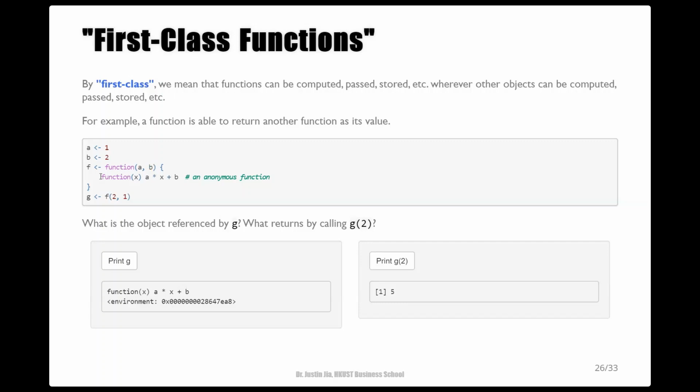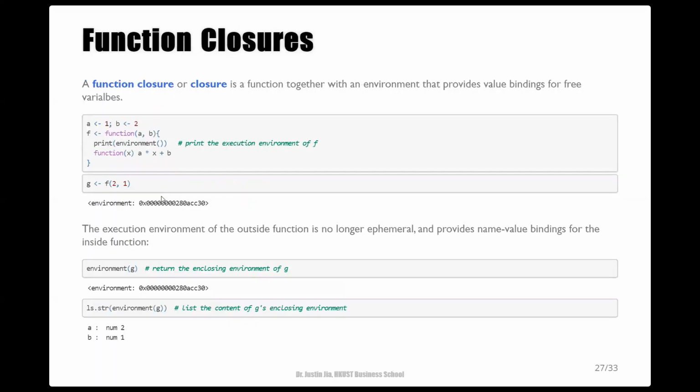So there are two variables called a and b existing in this specific execution environment. And this execution environment is bound to the returned function even after this call terminates. And in this case, the execution environment is no longer ephemeral or transient. And all functions in R remember the environment where they are created because they need to refer to them for value bindings for free variables.